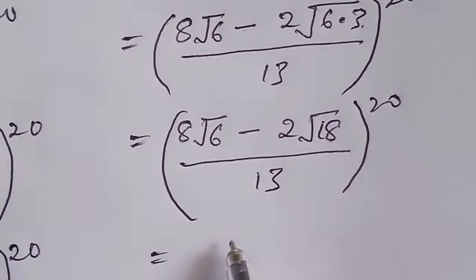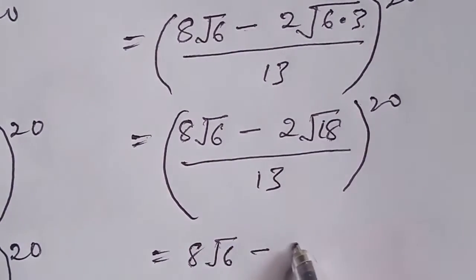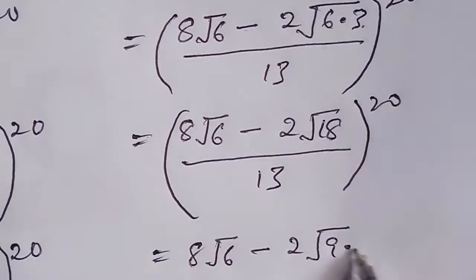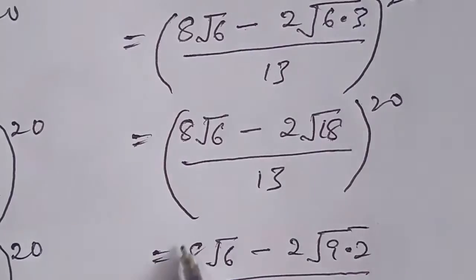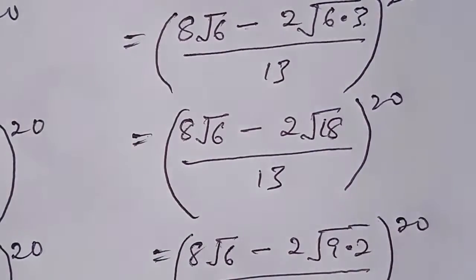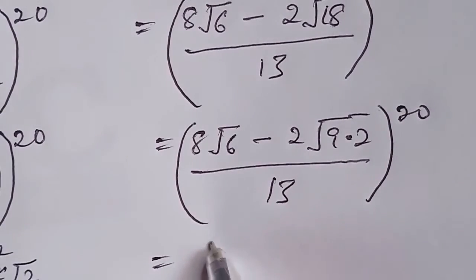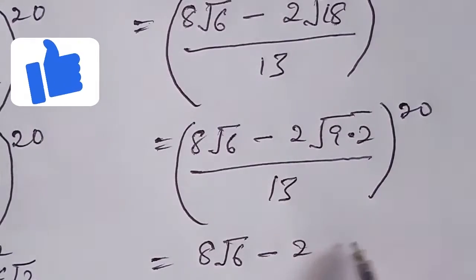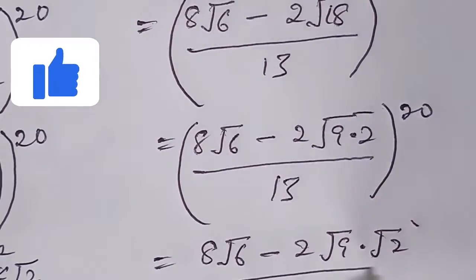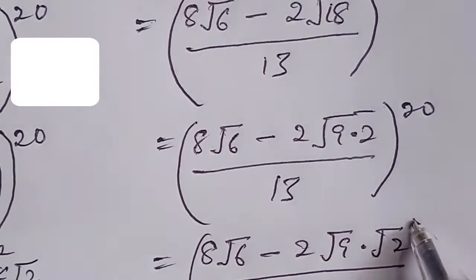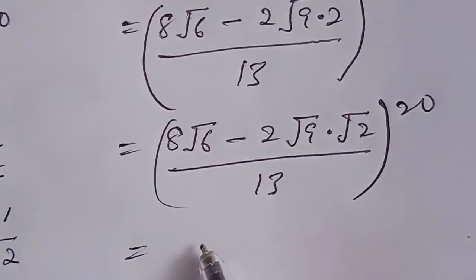Now we can simplify this as 8 square root of 6 minus 2 square root of 9 multiplied by 2, over 13 into bracket to the power of 20. And this is equal to 8 square root of 6 minus 2 square root of 9 multiplied by square root of 2, all over 13 into bracket to the power of 20.